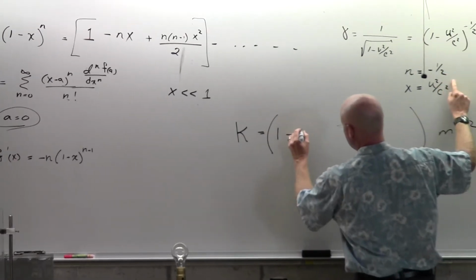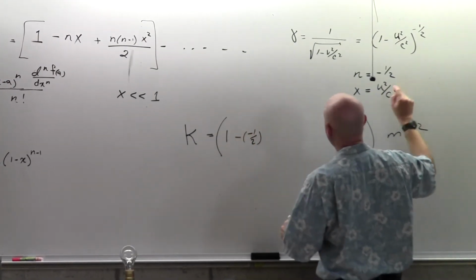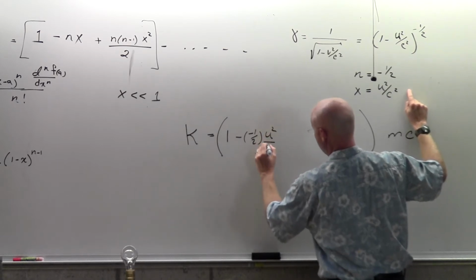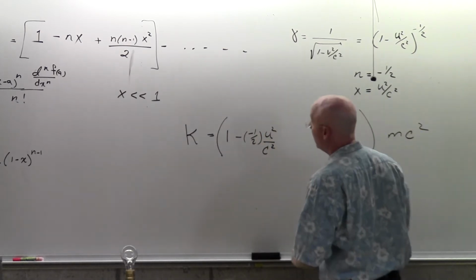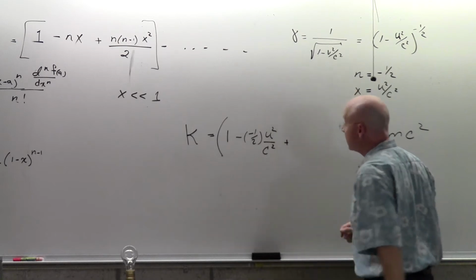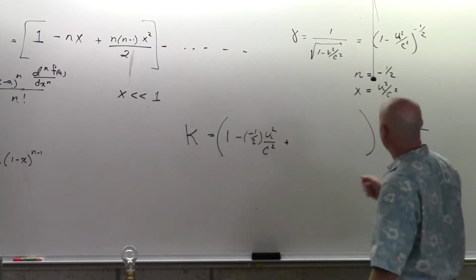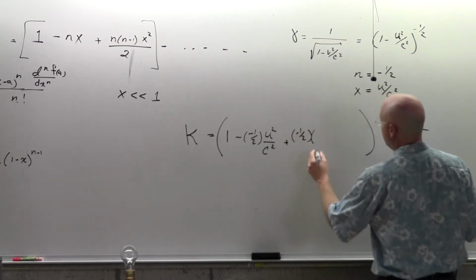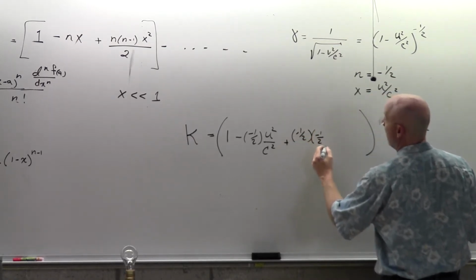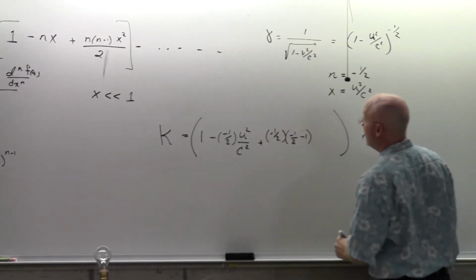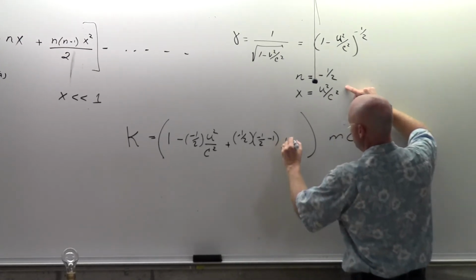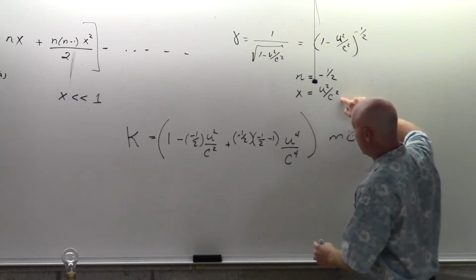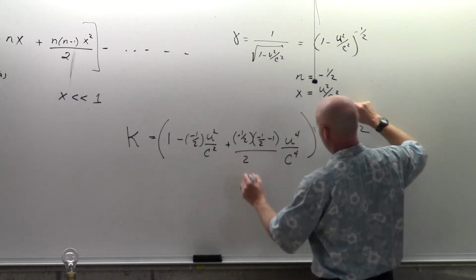Now n is a negative 1/2. And then x squared, which is u squared over c squared. Then I can go plus, then I've got an n again, that's a negative 1/2, and that's a negative 1/2 minus 1. This would then be u to the 4th over c to the 4th. That'd be my x squared over 2.